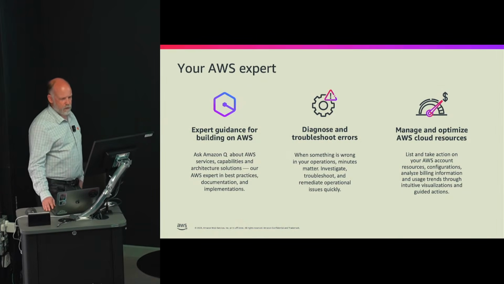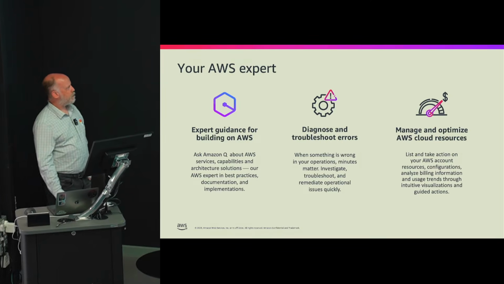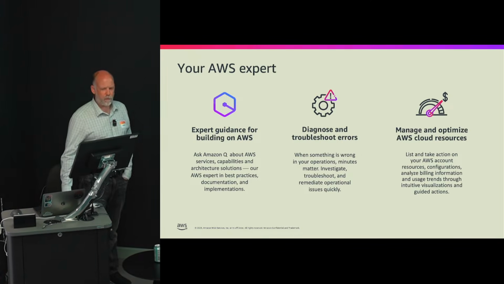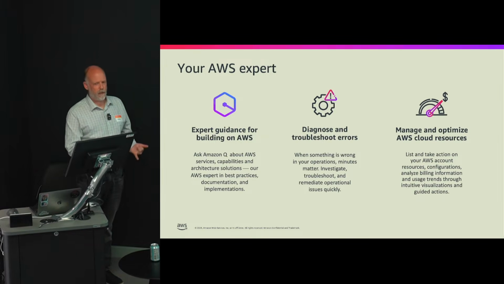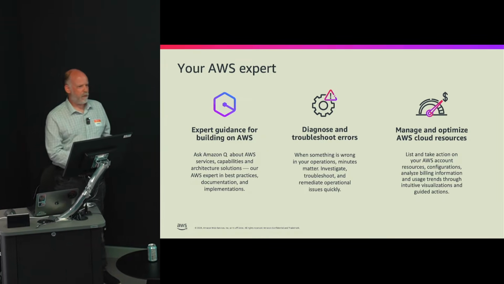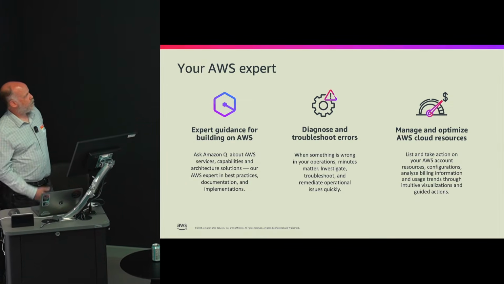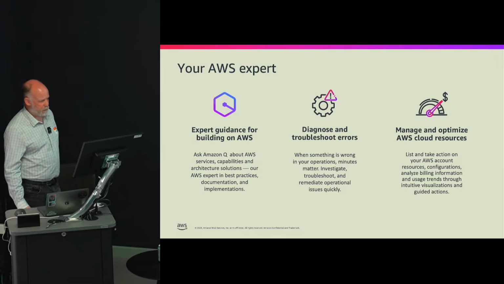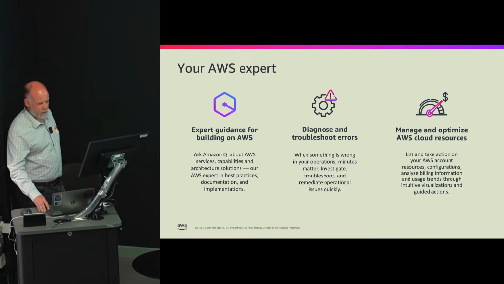Okay, as I mentioned, it helps you operate, and can help diagnose and troubleshoot errors. And not surprisingly, it's really good at AWS stuff. So it knows the APIs very well. It knows how the resources operate. It knows how they function together. So you can query it and get it to give you good advice on AWS architecture. It helps you manage and optimize cloud resources.